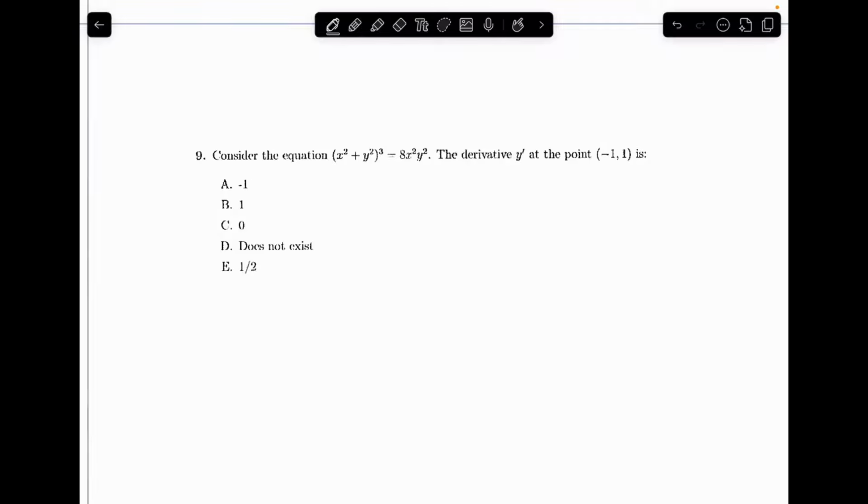There's a formula you can use. If you subtract the right side from both sides, you get a big function F(x,y) equal to (x squared plus y squared) cubed minus 8x squared y squared.